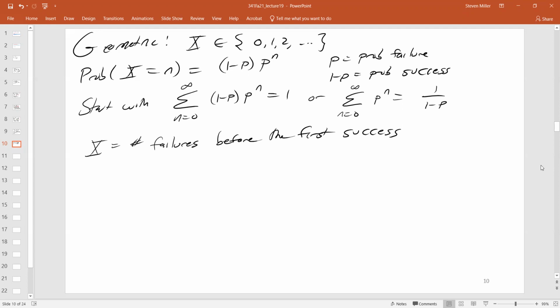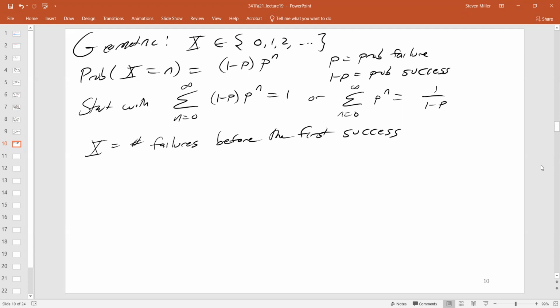What's the smallest number of failures we could have? 0. And what's the difference between the number of failures before the first success and the number of tosses before the first success? Yeah, tosses equals failures plus 1. So if I understand x, I understand x plus 1.